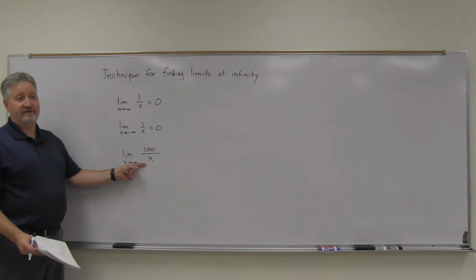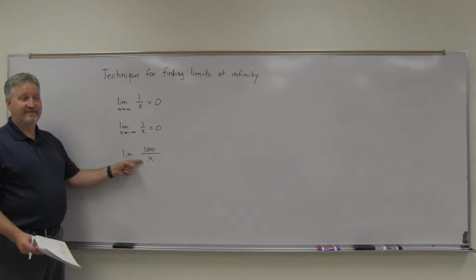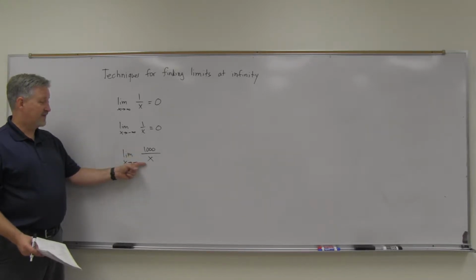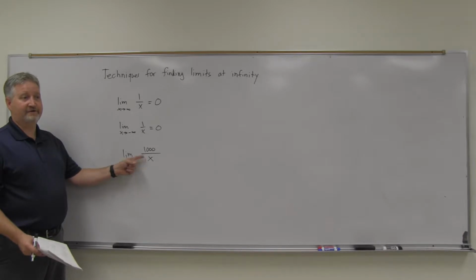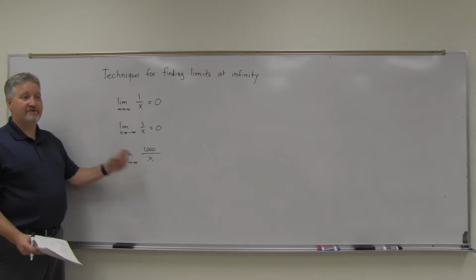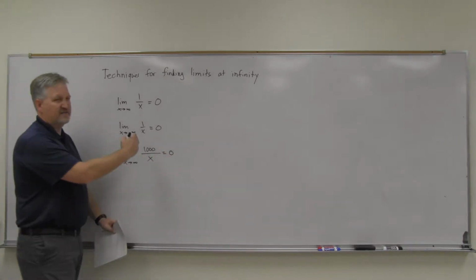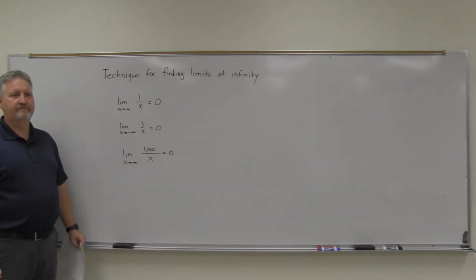It may take a little bit longer to get there, but that's still going to be 0, isn't it? Because you've got 1,000, and this number is getting larger and larger: 1,000,000, 10 million, 1 billion. It doesn't stop. That number is still getting closer and closer to 0.